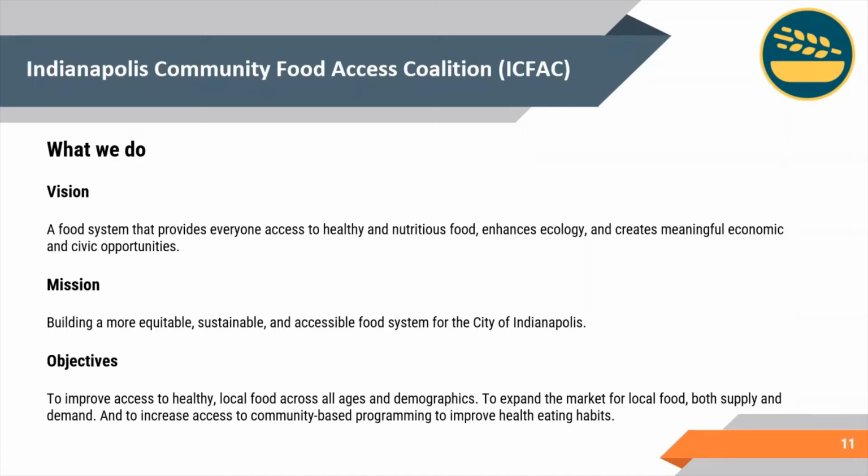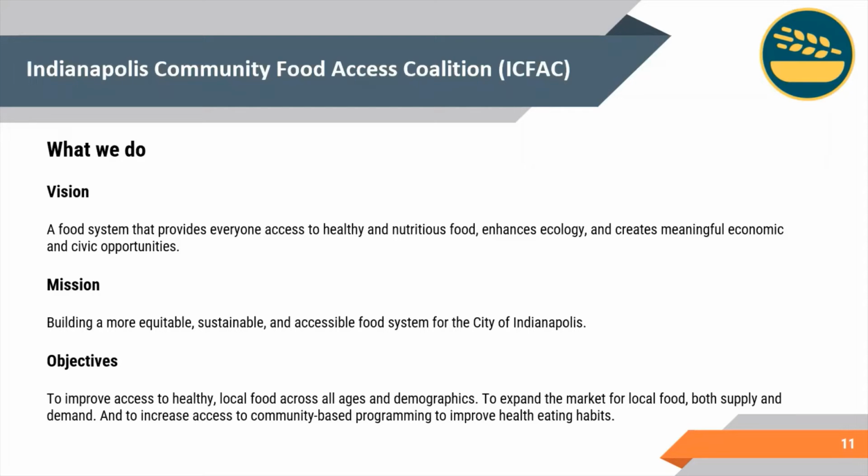And so we really wanted to not just push programs out the door, but really work on building programs that were equitable, sustainable, and accessible for our residents. We want to make sure that we're improving access to healthy food across all demographics. We want to make sure that we have equitable access to food within the food system.